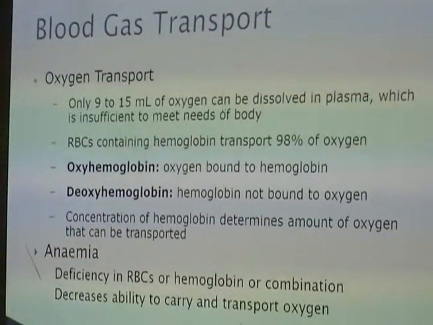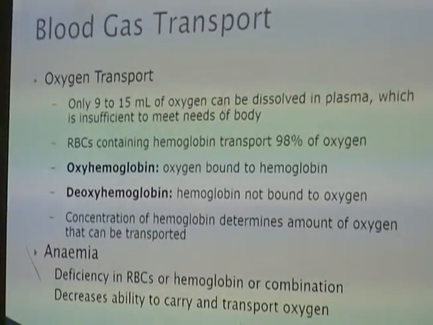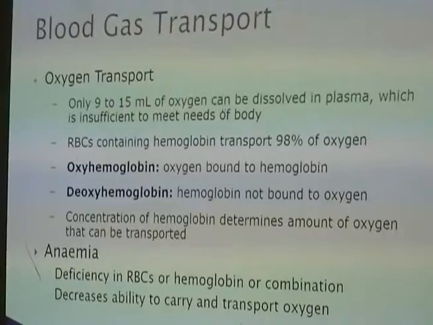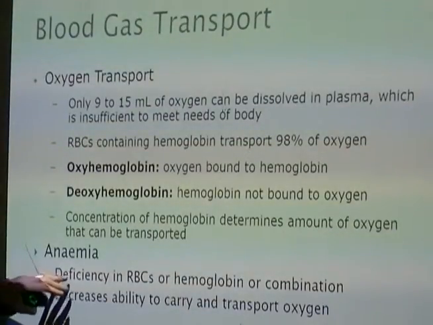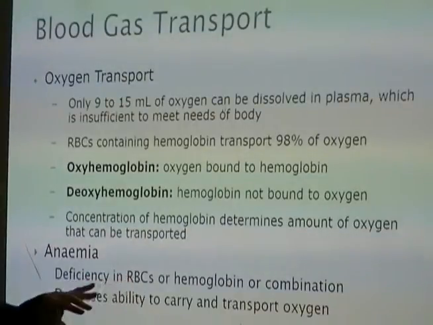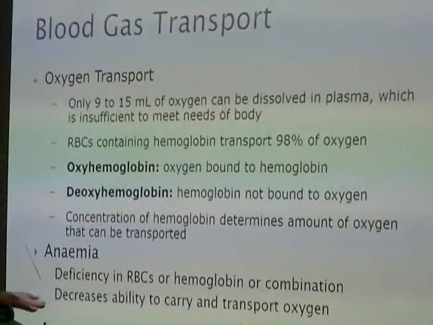So anemia occurs when we are deficient in red blood cells or hemoglobin that should be in the red blood cells, or some combination of both of those. Okay? And anytime I've got a problem with red blood cells or with hemoglobin, it decreases the taxi system. So I can't carry as much oxygen around if the taxis aren't there, standing in the queue.